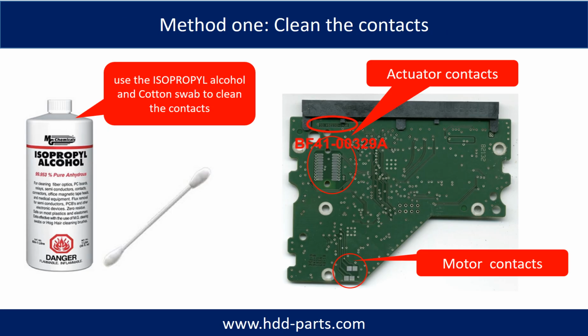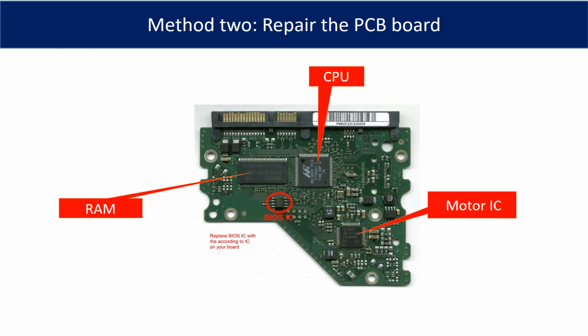Method 1. Clean the contacts. Cleaning the contacts on the PCB board and also on the hard drive can fix the problem caused by the poor connection between the PCB board and the hard drive. This picture shows the basic components and their functions on the PCB board.